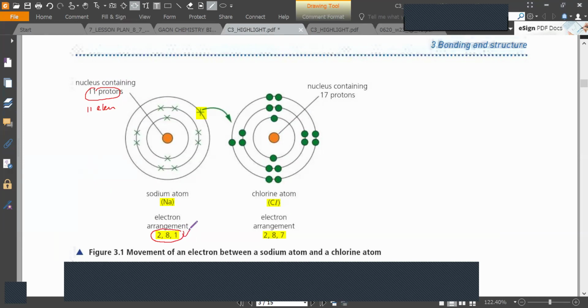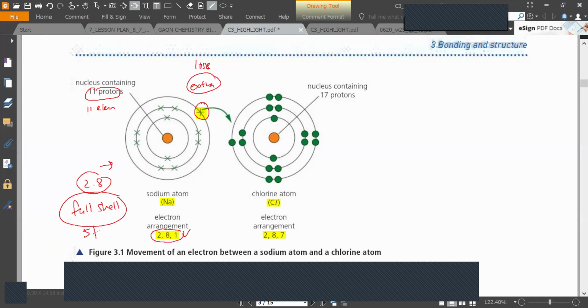So it has one extra electron. It will try to lose this electron, and once it has lost it, it becomes 2, 8. It gets the full shell. That's the objective, because when they get the full shell, they become more stable. The full shell is the stable one.